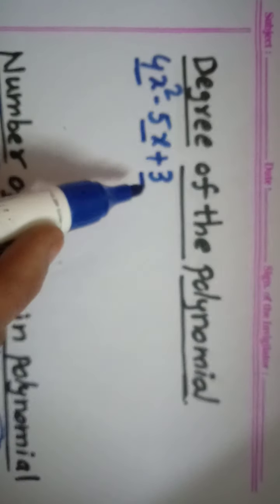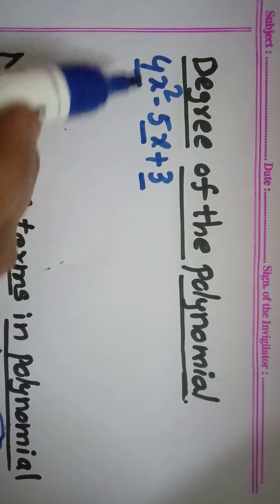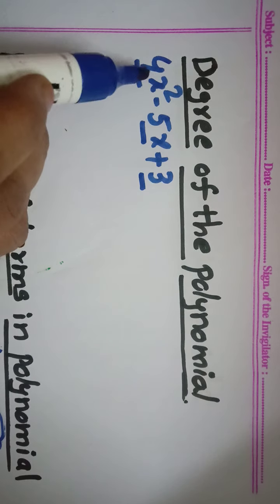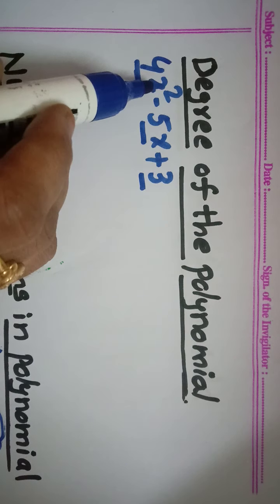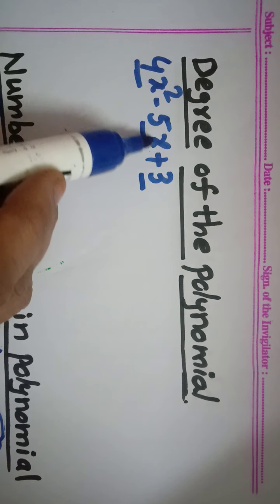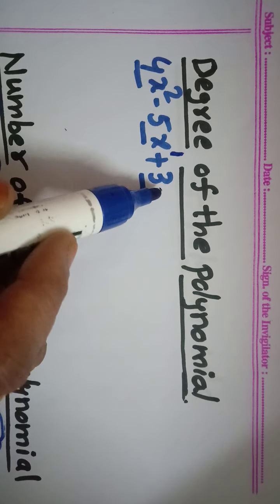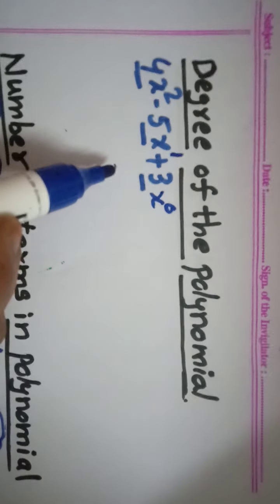In these terms, the highest power of the variable is called the degree of the polynomial. So what is the highest power? First you see the first term, 4x square. Here the x power is 2. Here x power 1. There is no x in the last term, so you can write x power 0.